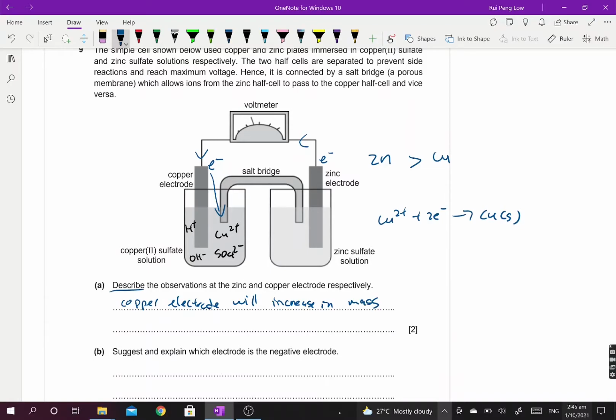You only need to describe, no need to explain, but for this walkthrough, I purposely explain so you guys can understand what's going on.